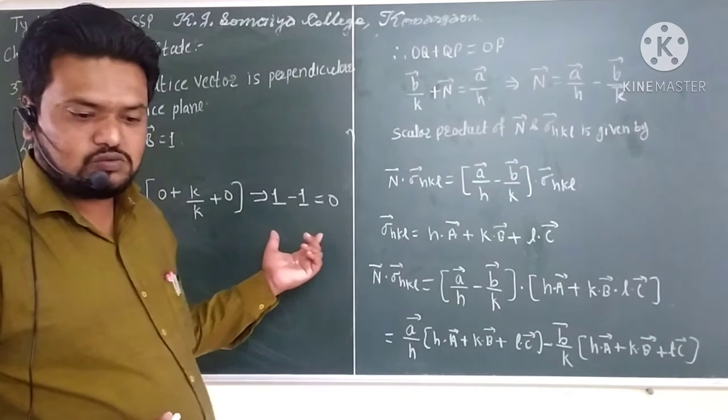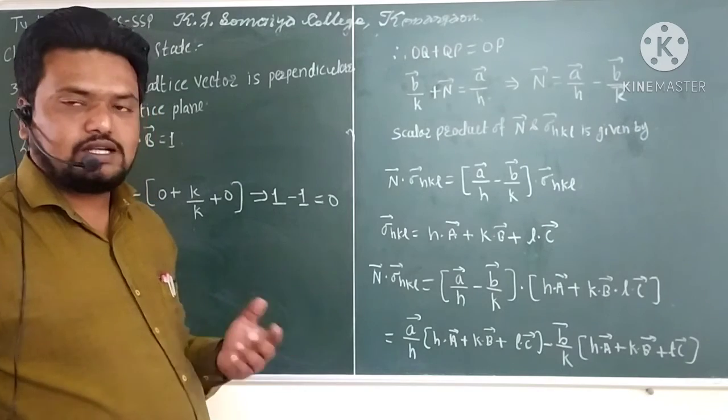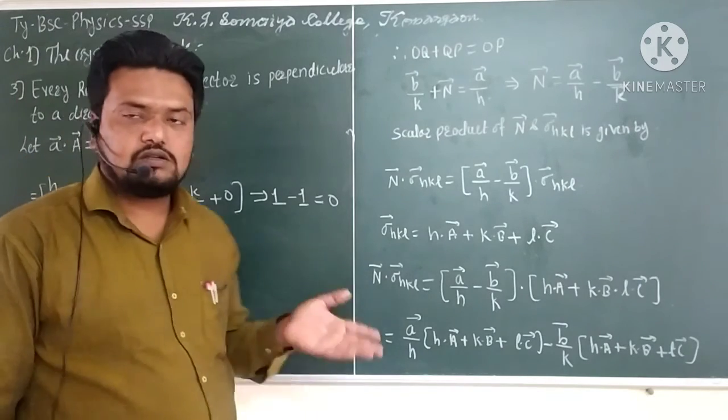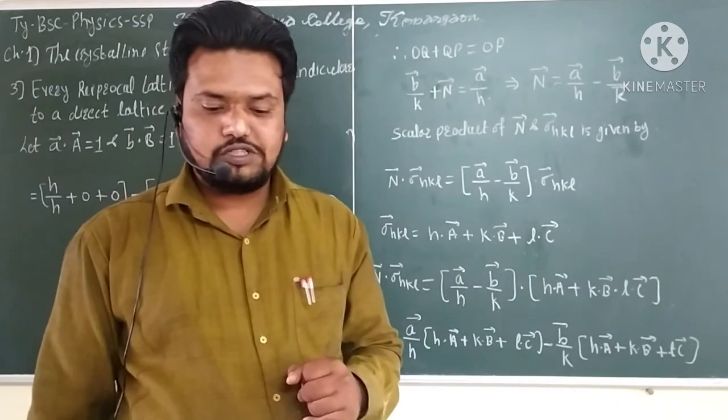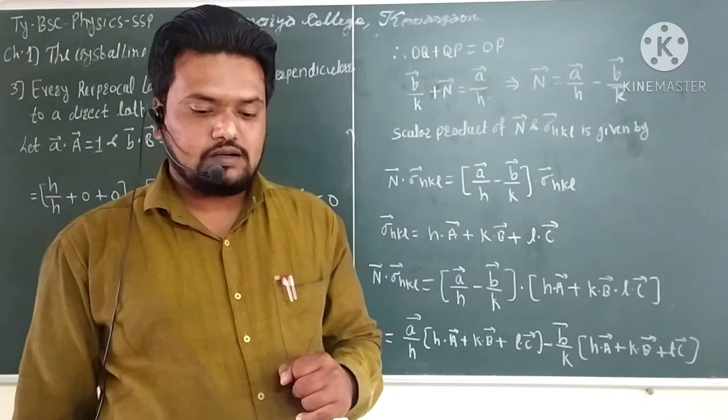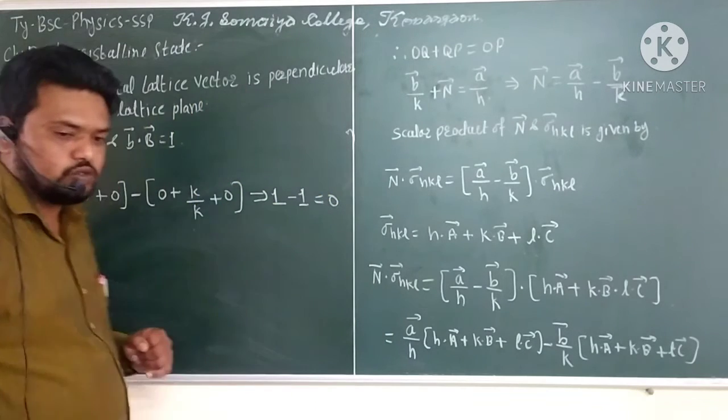So this calculation goes to 0, and for the last figure we draw from this figure, OR plus RQ is equal to OQ.